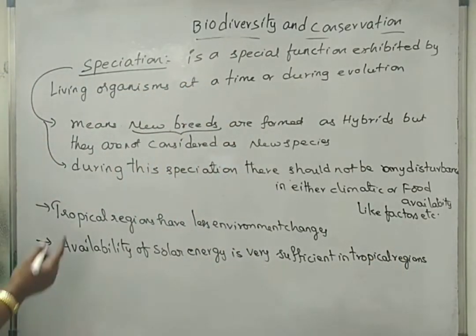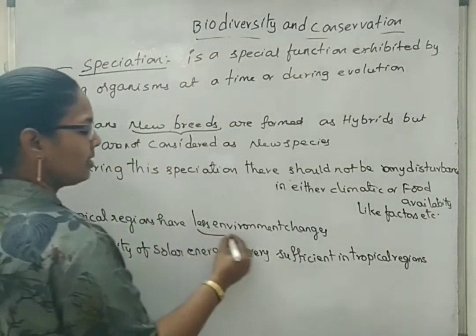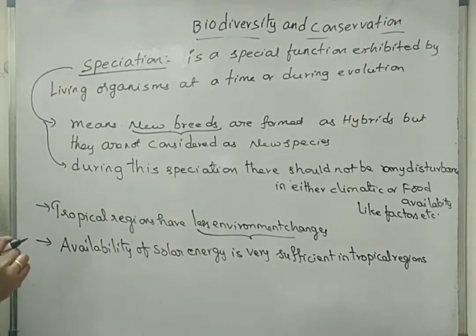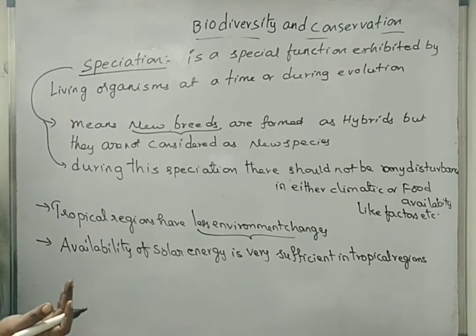Next, as we have seen here, there are less environmental changes. That one condition is responsible for being more suitable for biodiversity, meaning to develop new types of organisms. Since tropical regions have less environmental changes, we can predict what temperature changes can happen in the coming time period or during the days.